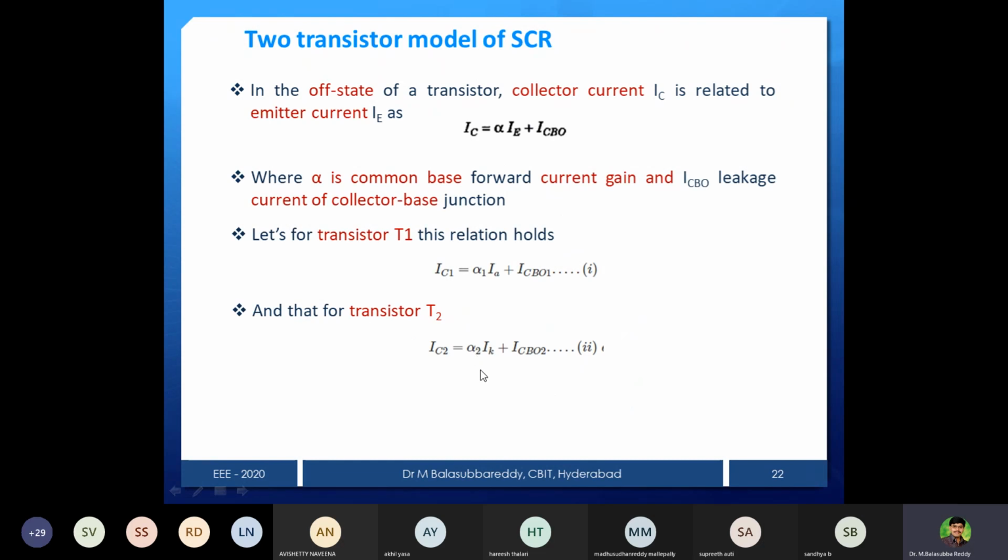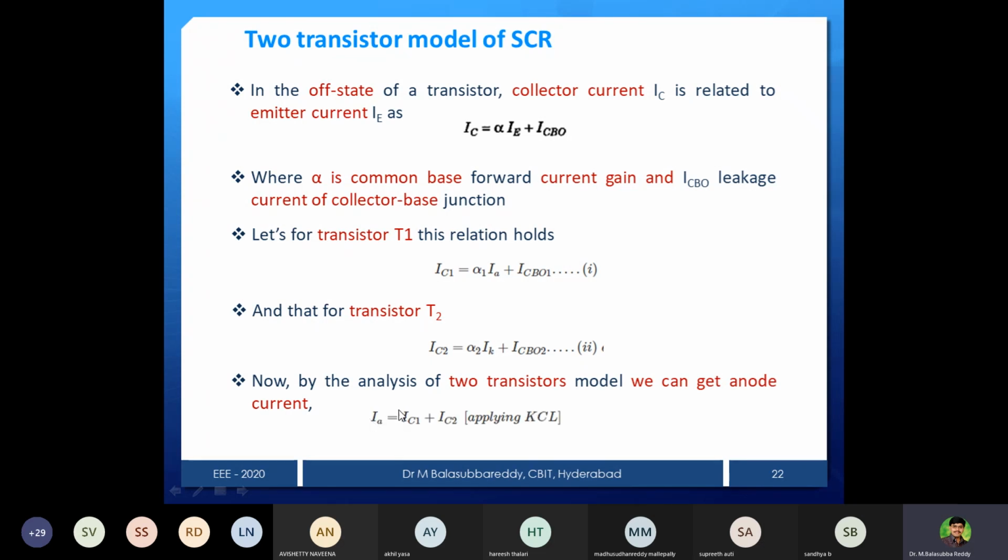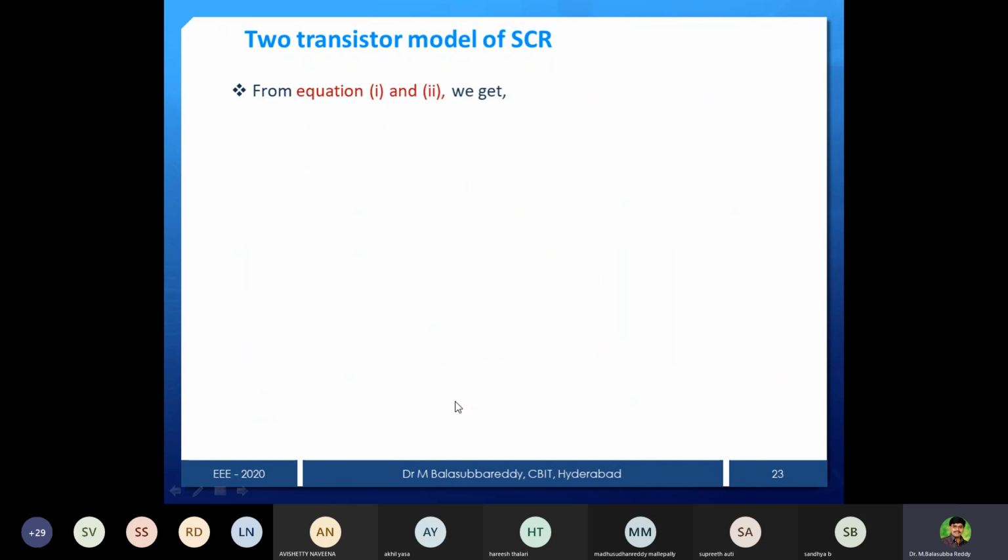Then IC2 is equal to alpha 2 times IE, where IE is nothing but the cathode current, plus the leakage current ICBO2. And the total anode current, because it is coming from the anode, in the two transistor model is IA equal to IC1 plus IC2, based on our circuit KCL.